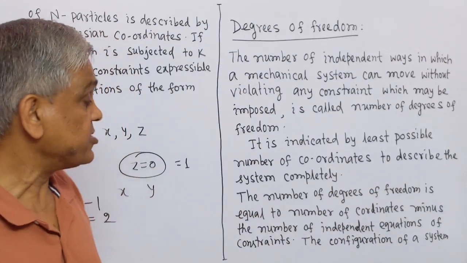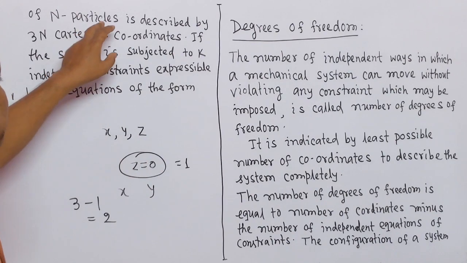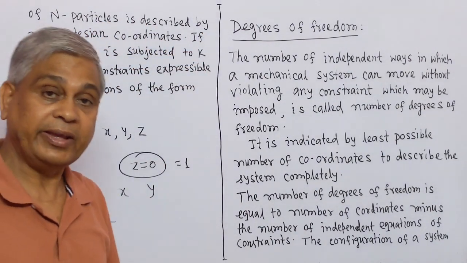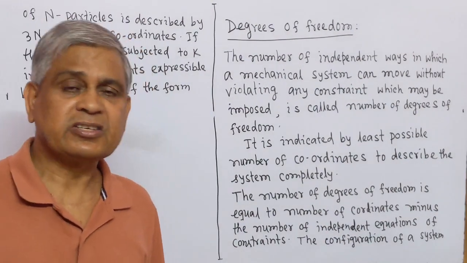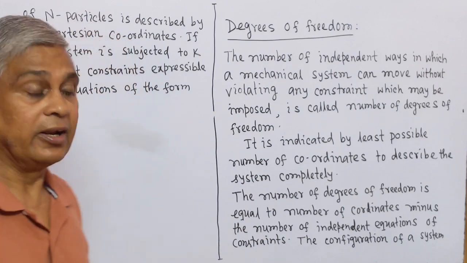So here the number of degrees of freedom is equal to the number of coordinates minus the number of independent equations of constraints. The configuration of a system of n particles is described by 3n Cartesian coordinates. Why? Because one particle requires 3 coordinates to describe its motion.